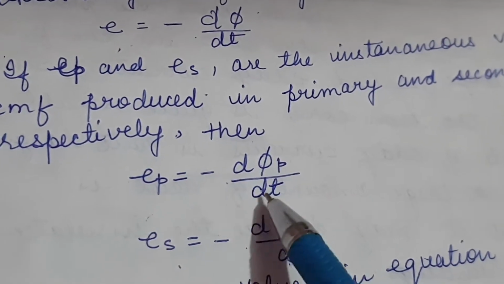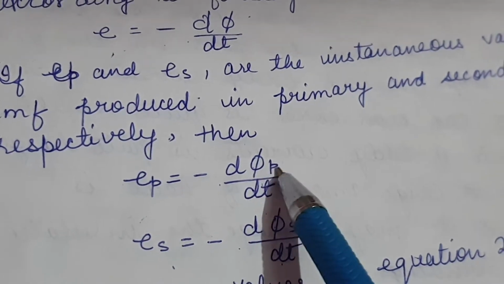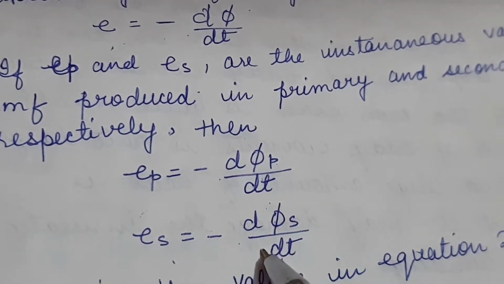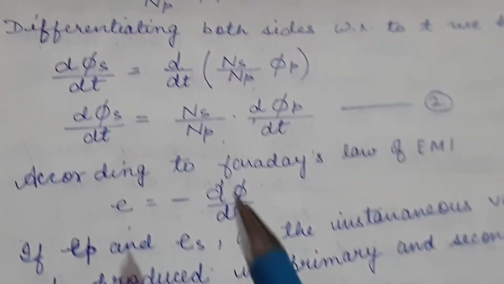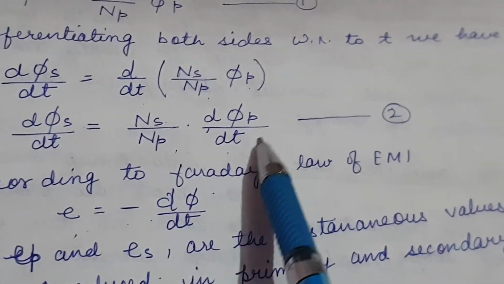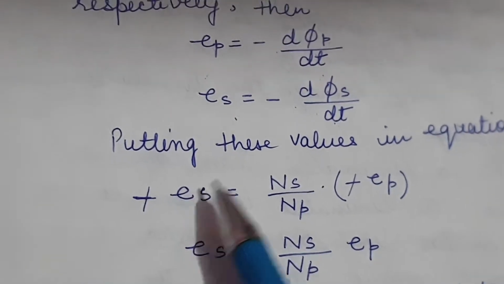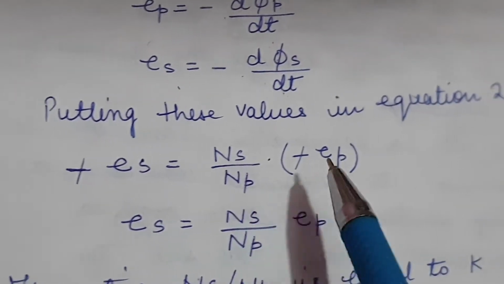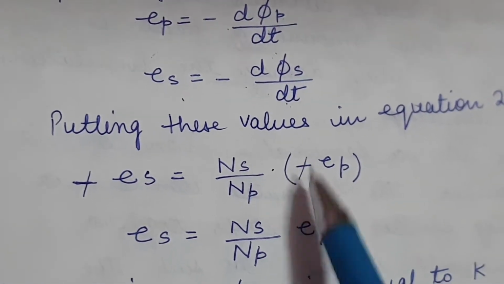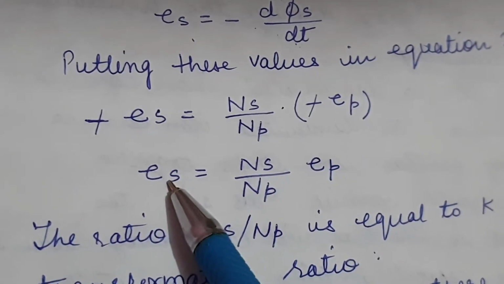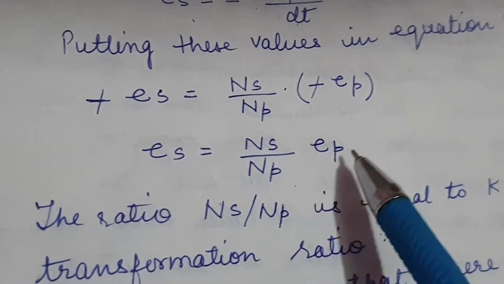Now we will put the values of these d phi p upon dt and d phi s upon dt in this equation, in equation 2. Then we will get minus ES is equal to ns upon np into minus EP. So minus minus will cancel, and we will get ES is equal to ns upon np into EP.